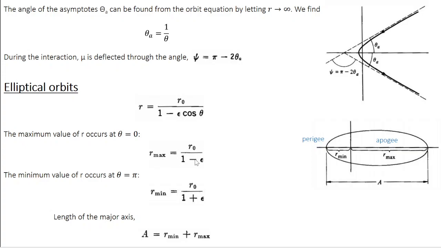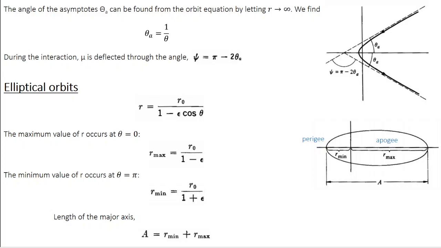So R max equal to R naught divided by 1 minus E. And the minimum value we have seen in the previous case occurs at theta equal to pi. So at this angle, R minimum corresponds to R naught divided by 1 plus E. So if you take this as the origin, this is your R max, theta corresponds to 0. Rotate counterclockwise by pi, you have the R minimum here.